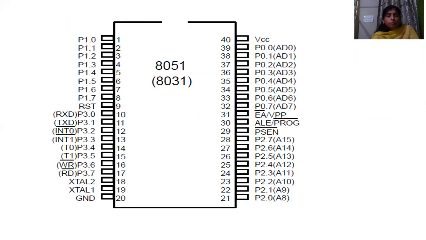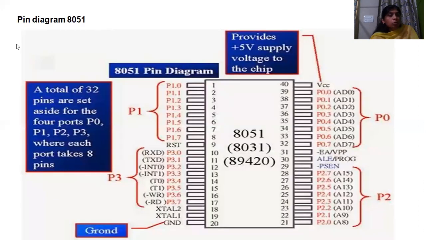This 8051 is an 8-bit microcontroller having a total of 40 pins, and 4 ports are there: port 0, port 1, port 2 and port 3, and each port has 8 bits. A total of 32 pins are set aside for the 4 ports P0, P1, P2 and P3, where each port takes 8 pins.